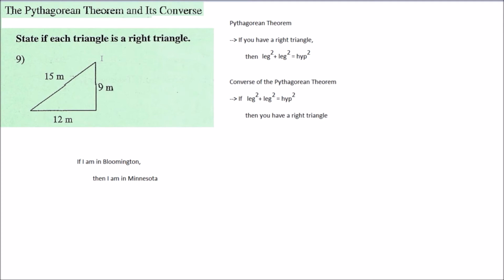But if I do what's called the converse of that, and I switch my if and then statements, if I am in Minnesota, then I am in Bloomington, that is not necessarily true, because I could be in Minnesota and be somewhere else besides Bloomington. So the original statement is true, but the converse does not have to be true.